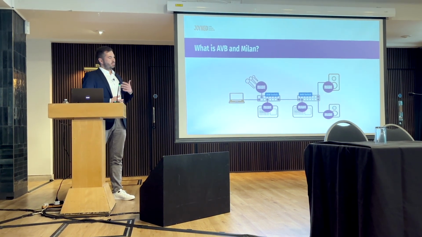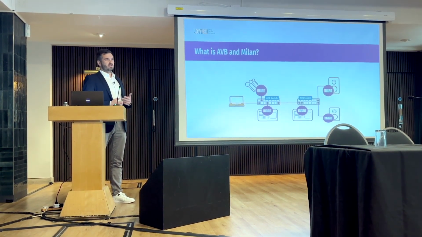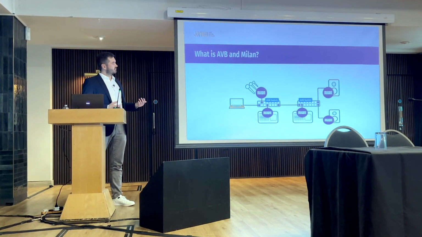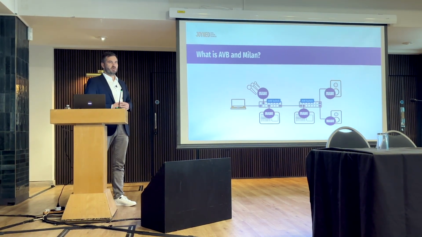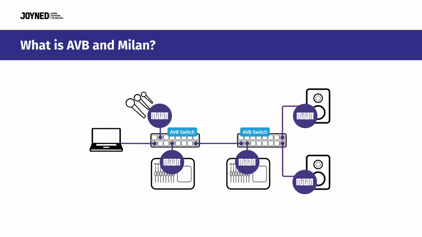And Milan builds up on the AVB specification, which is basically an IEEE standard, which is still relevant for switches. So we need switches that support AVB. What that means in detail is something we will discover in the following presentation, but in principle, this is all you need to know to run an AVB Milan network.